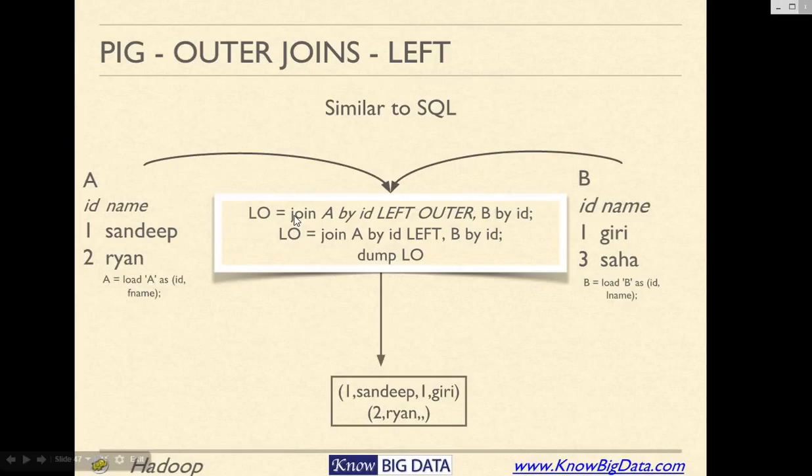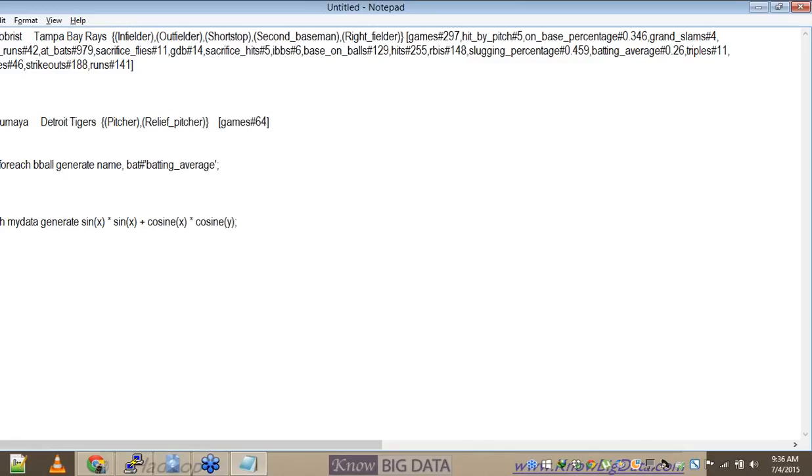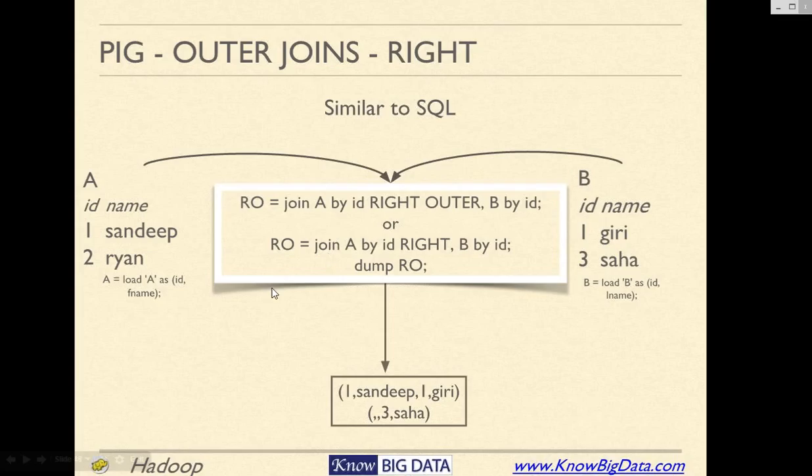So here we say join a by id left outer b by id. So let's say c equals join a by id, you have to say left or left outer, then give a comma and say b by id. The keyword always has to come before the comma, right?